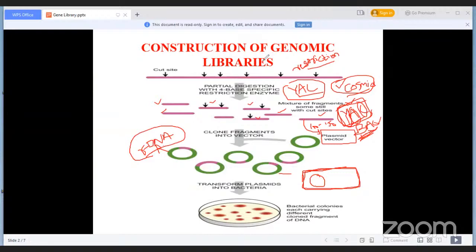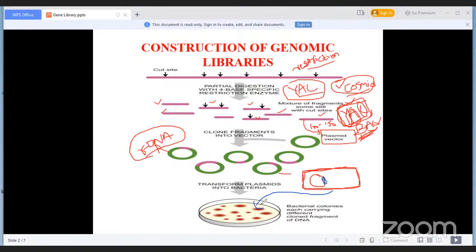So let me change color here. This is the red color plasmid and the blue color is the cutting fragment. Now this bacteria is taken for culturing in a petri dish, in nutrient agar medium. They take one bacterium first.